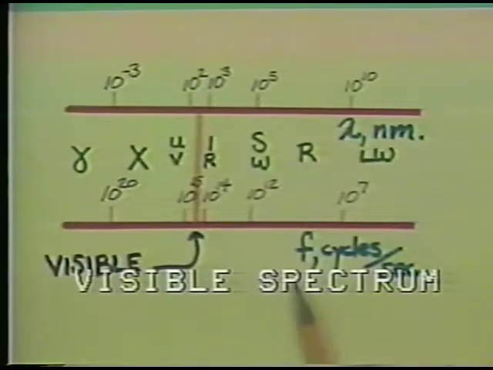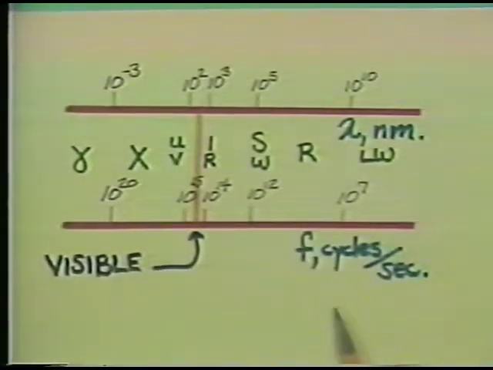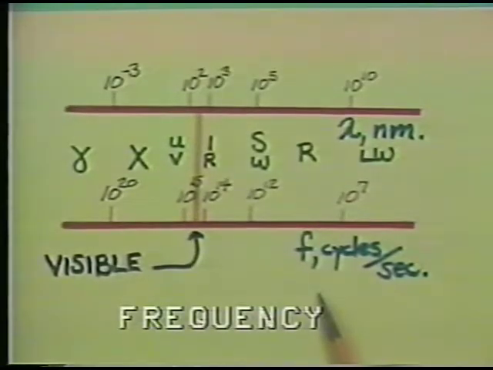Now, we can also express this in terms of the frequency of the wave, and that is how often there is an oscillation of a particular vibration direction within the wave.